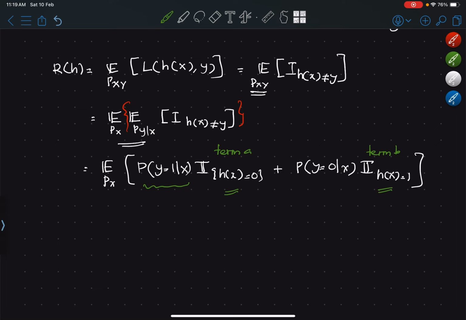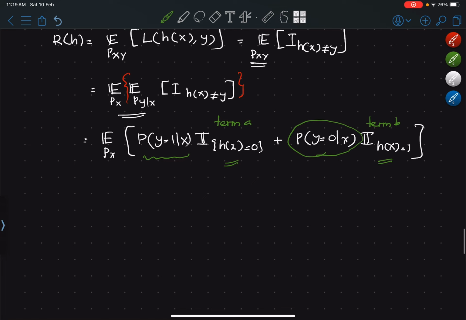Similarly, when h of x is equal to 1, the term P of y equal to 0 given x needs to be the minimum, and the other term, along with the indicator h of x equal to 0, has to be the maximum. So by construction, we have to find the h of x which selects the term that is actually the minimum, right? So how do we construct it? For that, we'll construct something known as a Bayesian classifier.